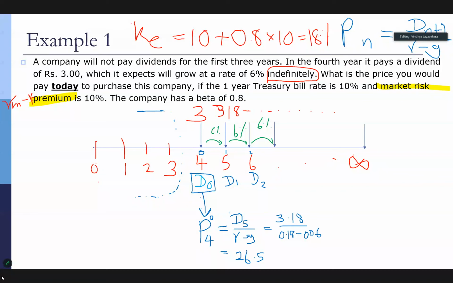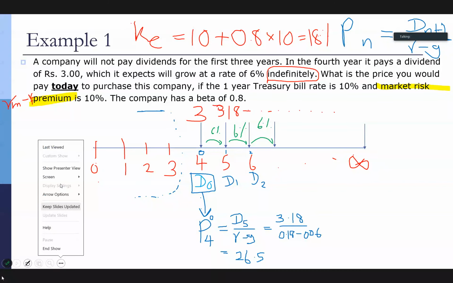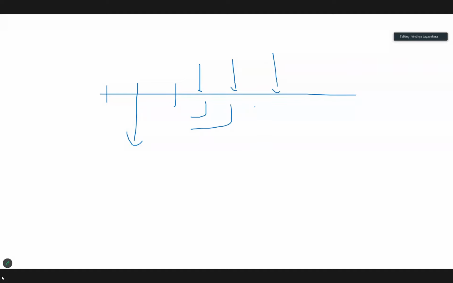We did the same thing when we did bond valuations, if you all remember. Remember, in bond valuations, we want to value a bond in between interest payment dates, right? In between interest payment dates, what did we do? We valued the bond, the present value of its future cash flows, to the interest payment date. Okay. We valued it to this point, to the interest payment date. Then what did we do?